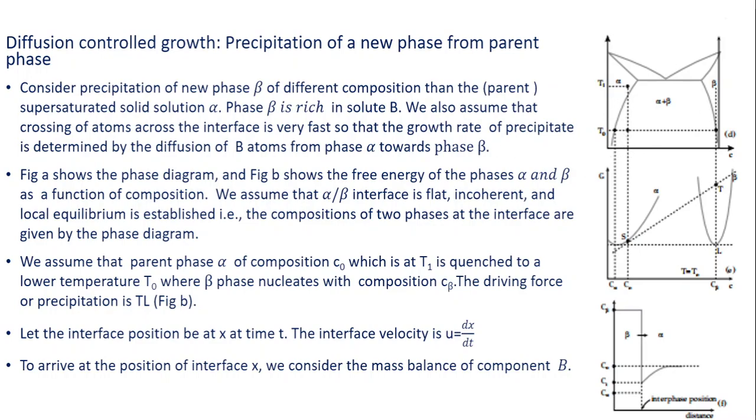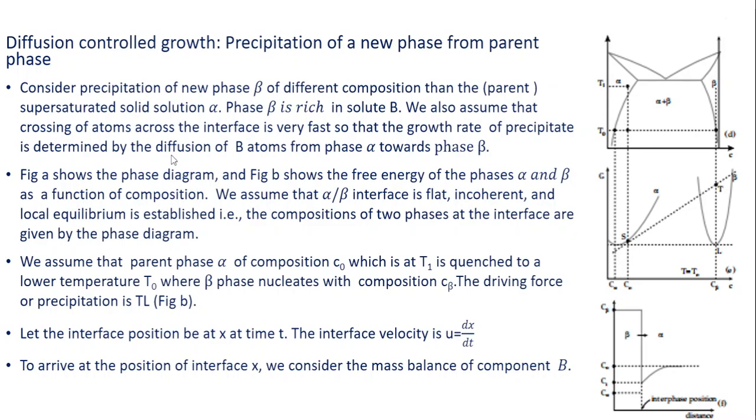Beta phase is rich in the solute B. So here, beta phase has this composition, which is substantially more than the equilibrium concentration of alpha phase at this temperature. We also assume that the crossing of the atom across the interface is very fast, so that the growth rate of the precipitate is determined by the diffusion of B atoms from phase alpha towards the phase beta.